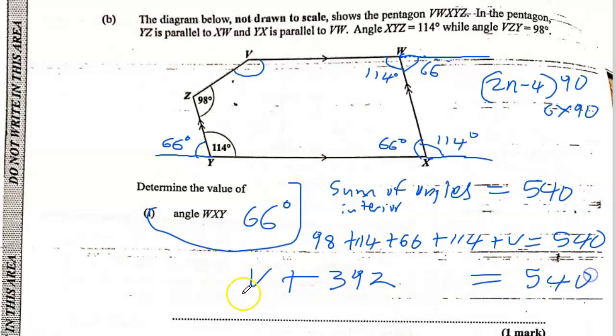To get V, we subtract 392 from both sides. So V equals 540 minus 392.